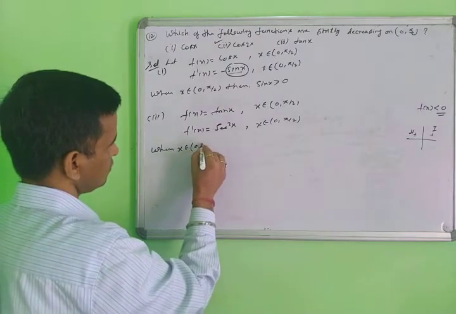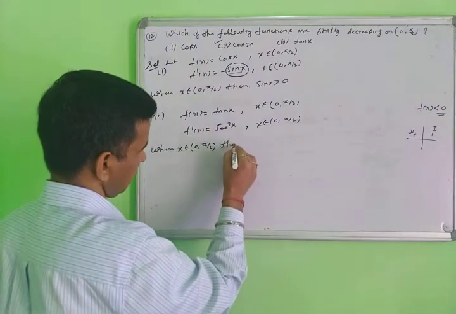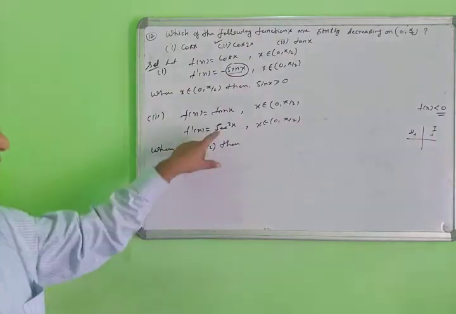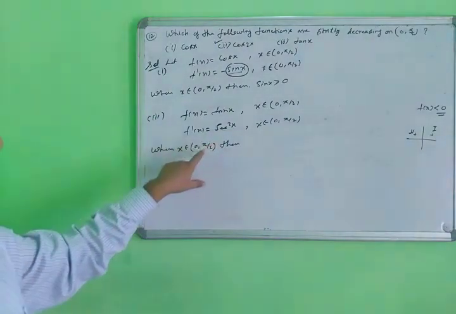When x belongs to 0 to pi by 2, this is sec square theta, this is the first quadrant.